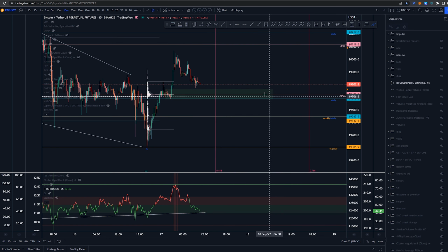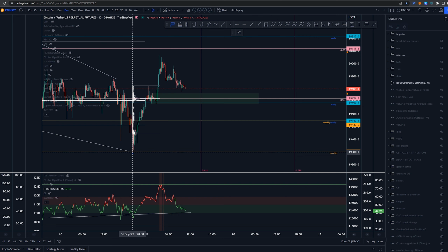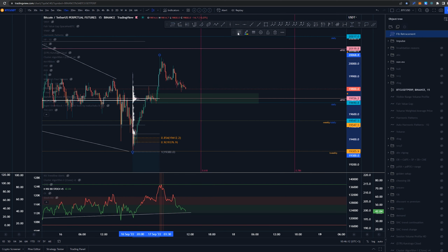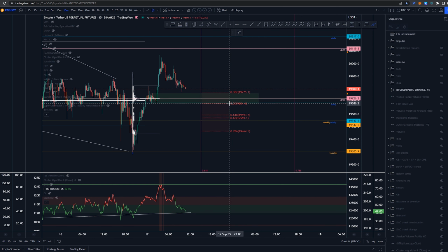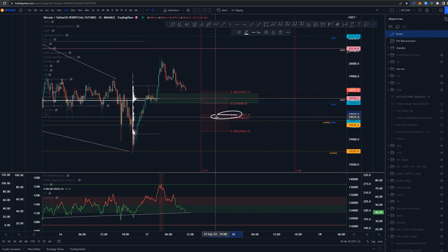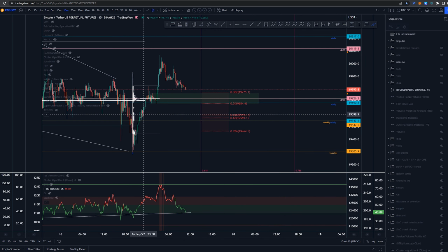So if we are going to get in here in this area, I would be probably looking for scalp longs here. The only thing that I don't like about it is the fact that we are retracing so small, 38.2 to 0.5.